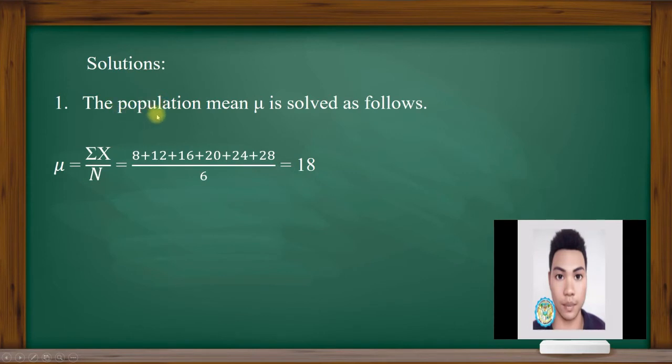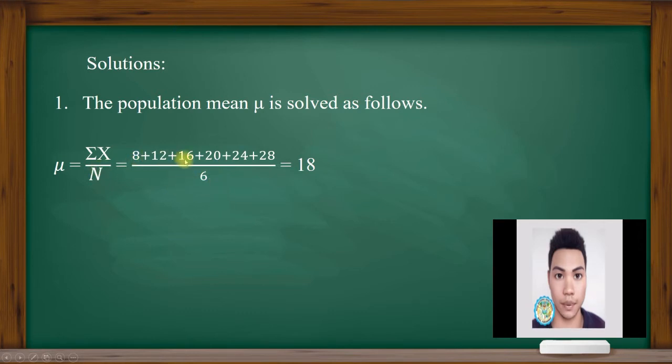First, we will find the population mean. The formula is the population mean is equal to the summation of x over N, where x is the tutorial rate. So we have 8 plus 12 plus 16 plus 20 plus 24 plus 28. You know this symbol, when we say summation, we just add them. And then divided by N, which is the number of teachers, which is 6.